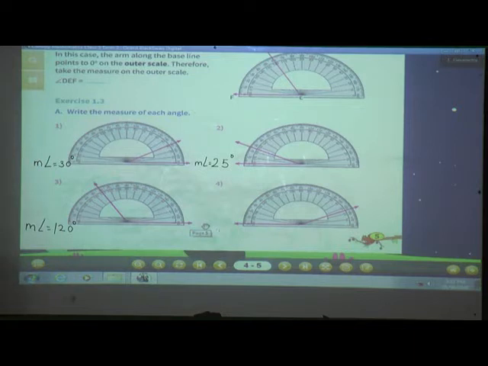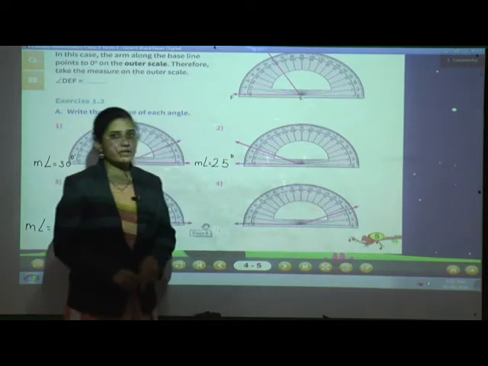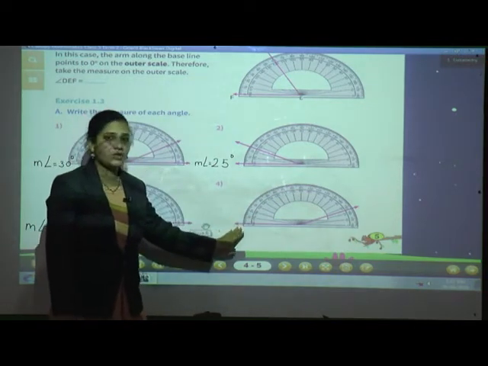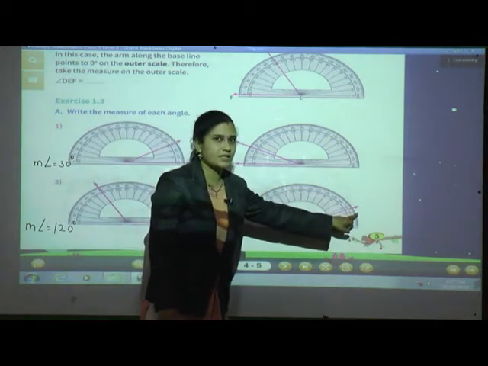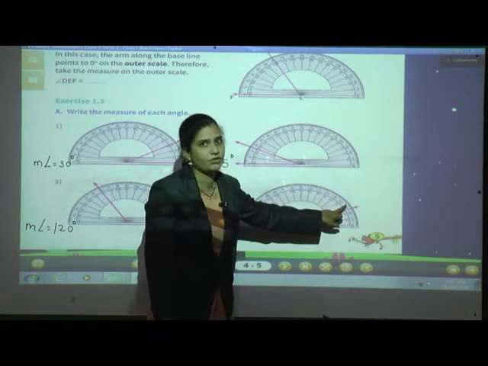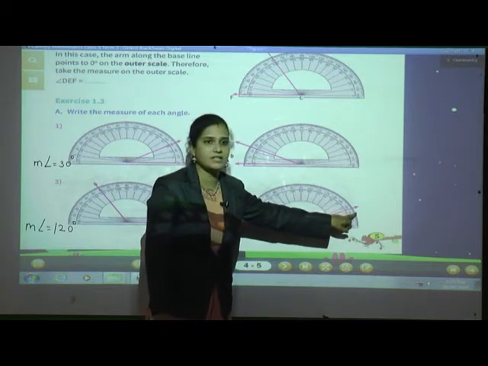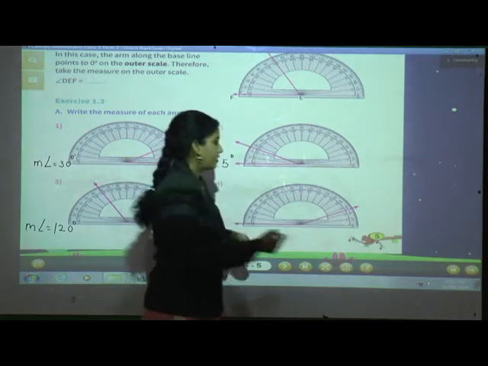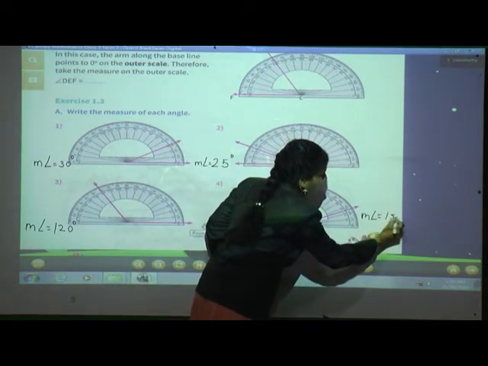No, we have to measure it by outer scale. Yes students, because the arrow is on the left side, so we have to measure by outer scale. It is between 150 degree and 160 degree. So the answer is 155 degree.